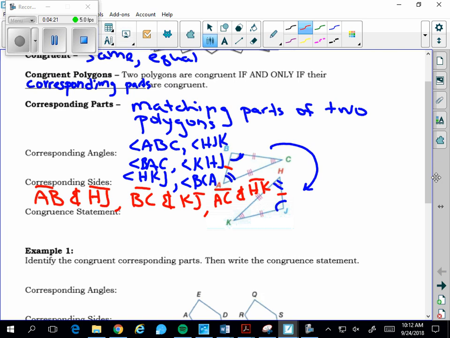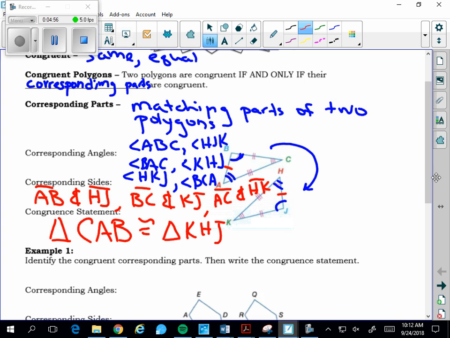Basically what I'm saying is that AB and HJ are equal. I can put an equal sign between all of these, all the angles and all of the sides. So I've got every single corresponding part equal to one another. So what I'm going to be able to say then is triangle, I'll call the first one CAB, is congruent to triangle KHJ.